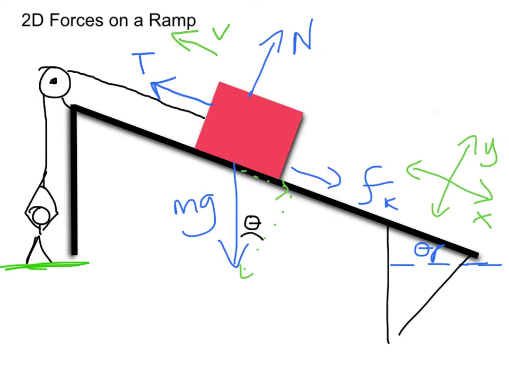And there's this tiny triangle: the angle of this one is 90 minus theta, which means that since this is a right angle, which I did not draw very well, the angle down here is theta, and it's the same triangle as the one over there. So this is kind of nice. That just means that the y component of the weight is mg cosine theta, because that's the adjacent, and the x component is mg sine theta.